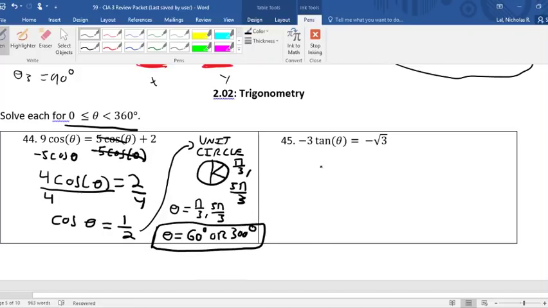Alright, -3 times the tangent of theta equals -√3. What we can do is divide each side by -3. The -3's cancel out, and you'll have the tangent of theta equal, the negative signs will cancel out, √3 over 3.